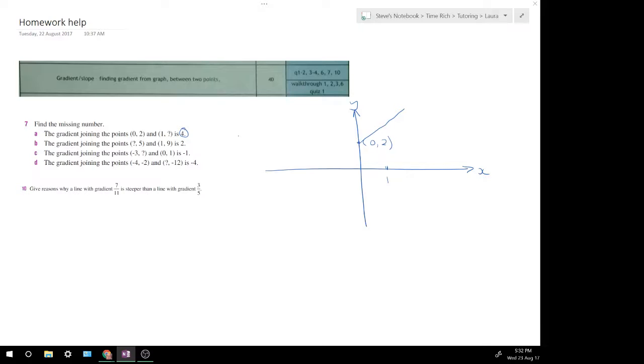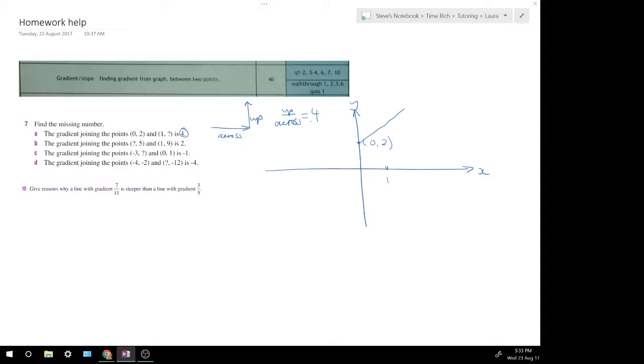So what that means is that it'll be a gradient where it goes along a certain value and then up a certain value. So that value, let's call it across and up, divided by across equals 4.